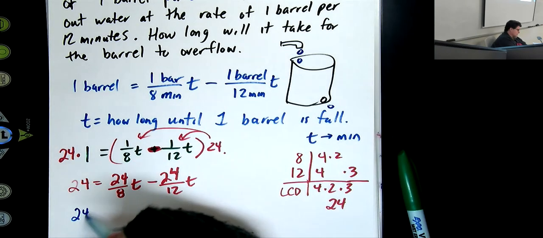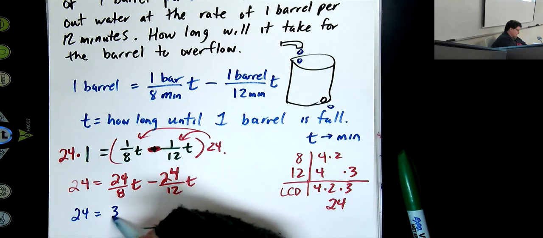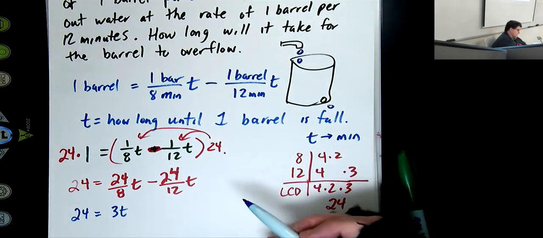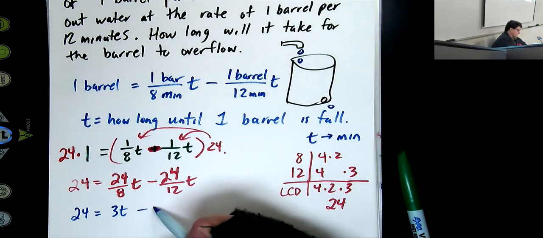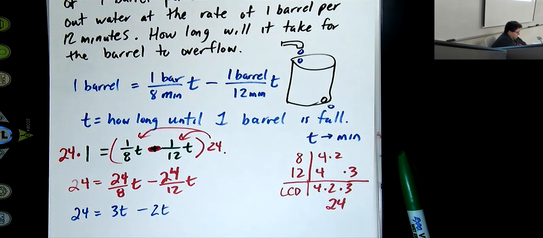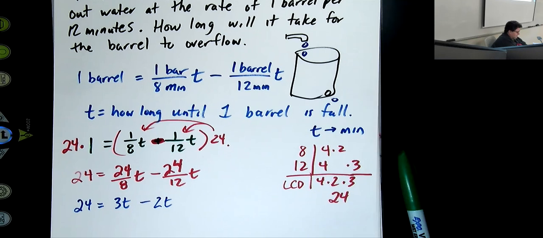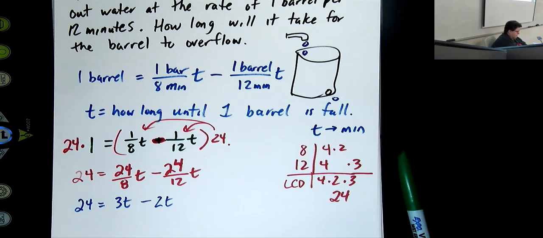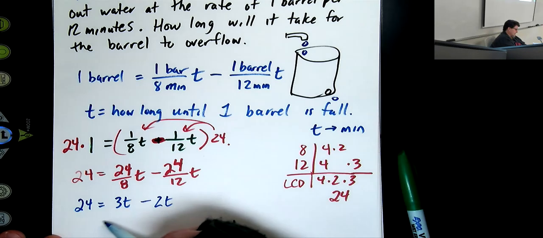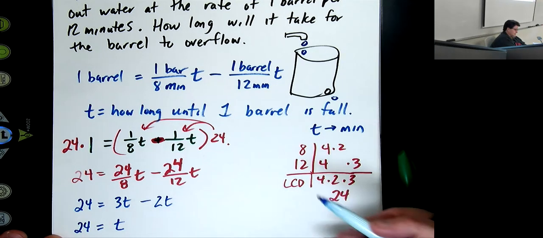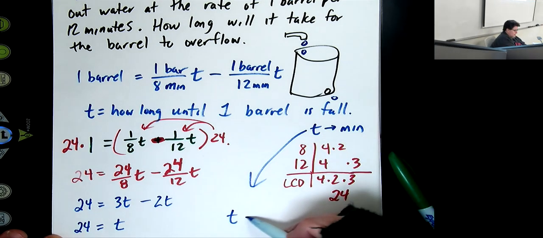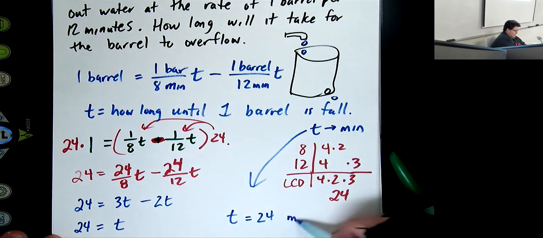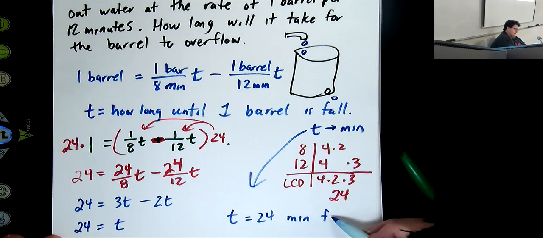When I simplify this, 24 divided by 8 is 3, so I've got 3T minus 24 divided by 12, which is 2T. I combine them together, I get 24 equals T. T was in minutes, so T equals 24 minutes for the barrel to start overflowing.